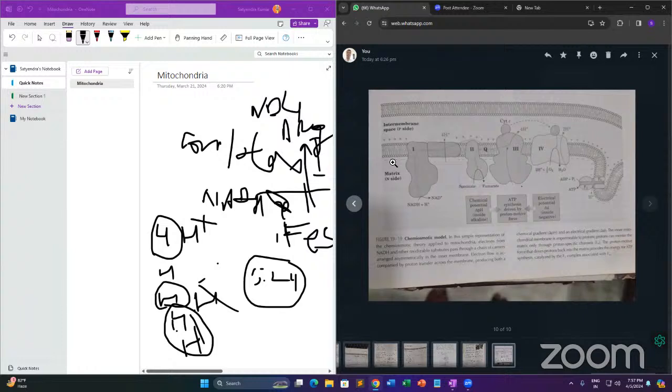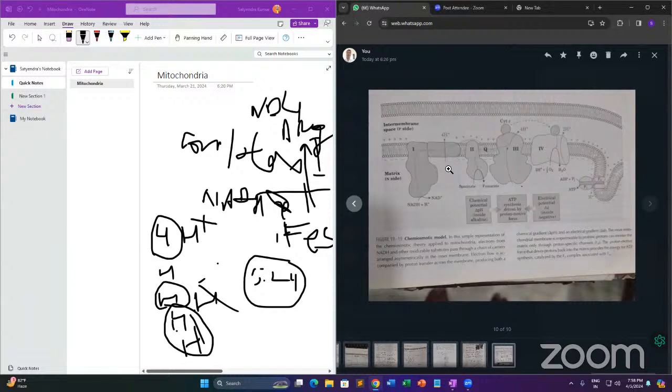That consists of two kinds of gradient: the electrical gradient, with the negative charge inside and the positive charge outside. The second one is the proton gradient, because first it contributes to the electrical gradient by altering the electrical charge, and second, the pH.